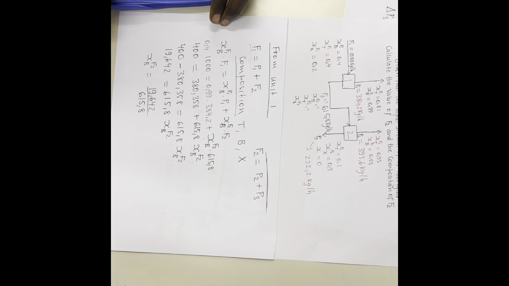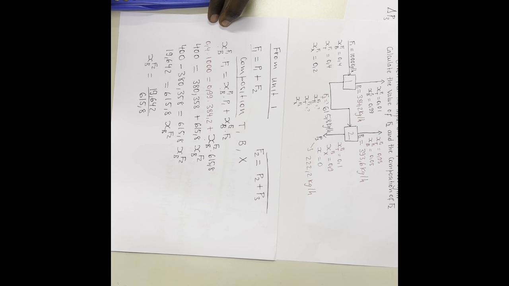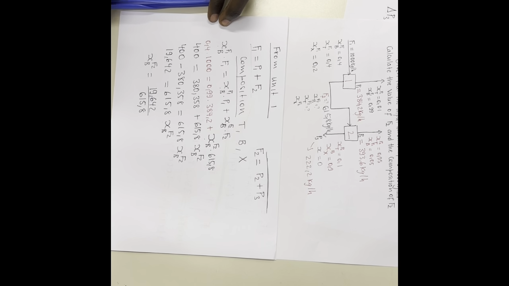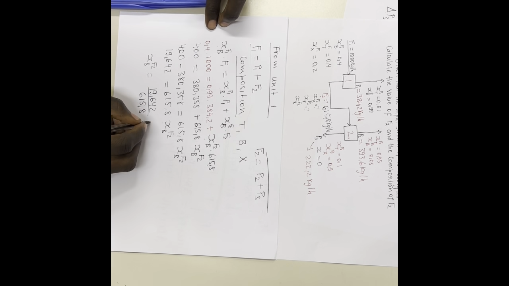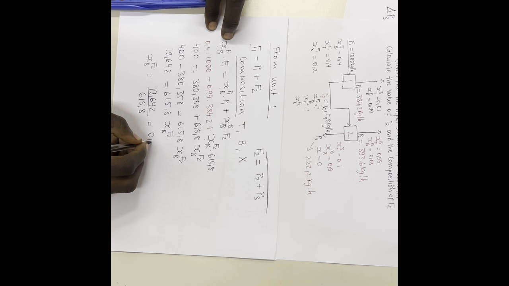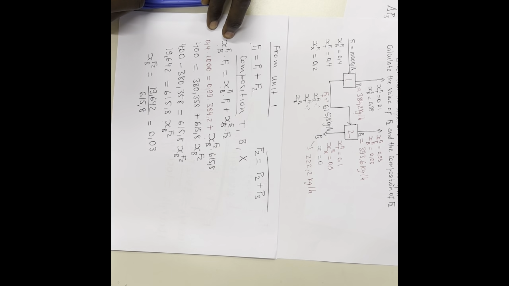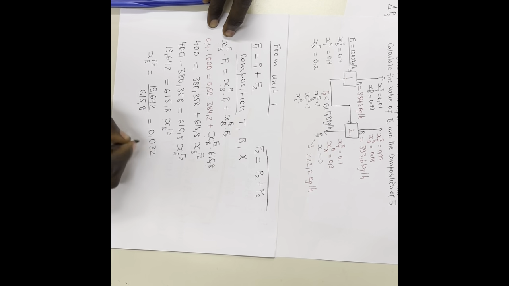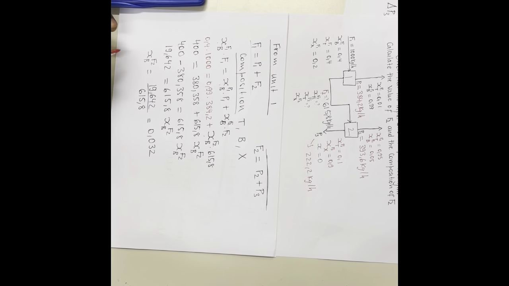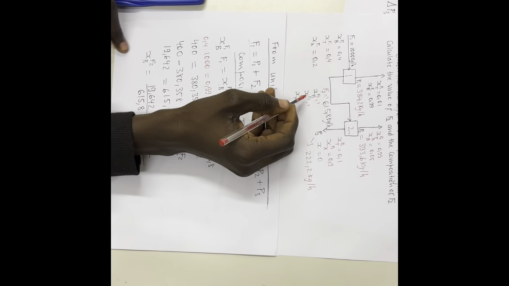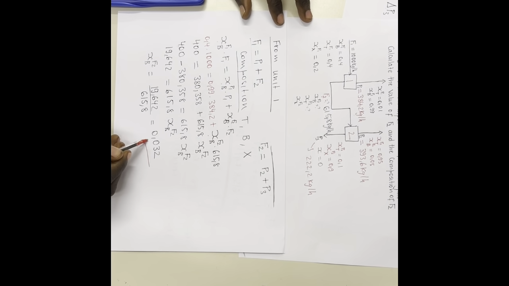You're going to find something like 0.03, but there is an 8 and 9, so I can round off to 0.032. This is the composition of benzene in F2. So you find now this value.